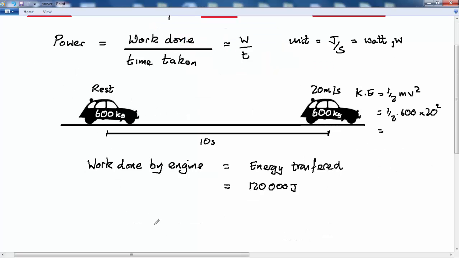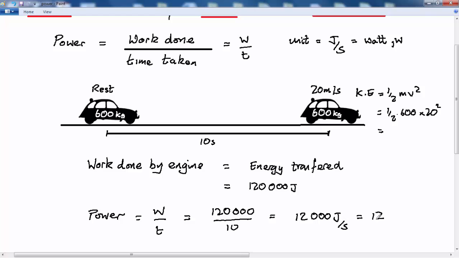Again, the power of the engine was equal to the work done divided by the time taken, which is equal to 120,000 joules divided by 10, which was equal to 12,000 joules per second, or 12,000 watts, or 12 kilowatts.